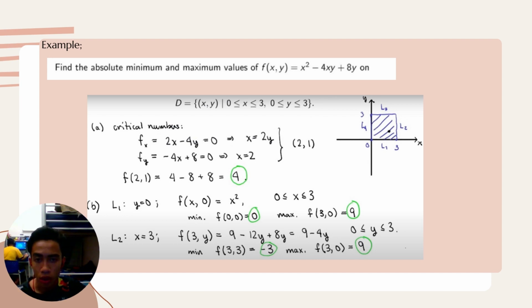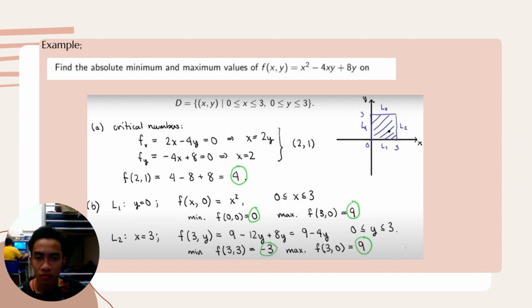f(x, 0) equal to x to the power of 2. So the minimum is f(0, 0) equal to 0, and the max value is f(3, 0). So we get 9 for this maximum value. And next we find the y, f(3, y), where x is 3 and y is 1.